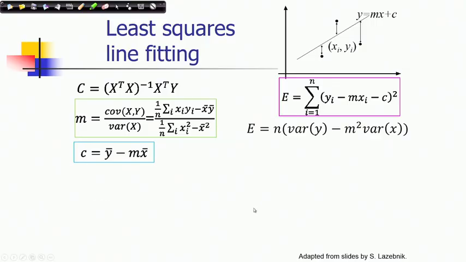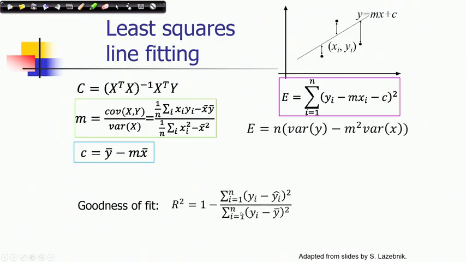You can express them in terms of variance of x and variance of y and relate them with the parameters. So, goodness of fit, as I mentioned, that in any model fitting you should observe this error. It is related to this error, and you can express it as a quantity called R square equals 1 minus, as you can see in the numerator, the square of error, that is what E itself is.